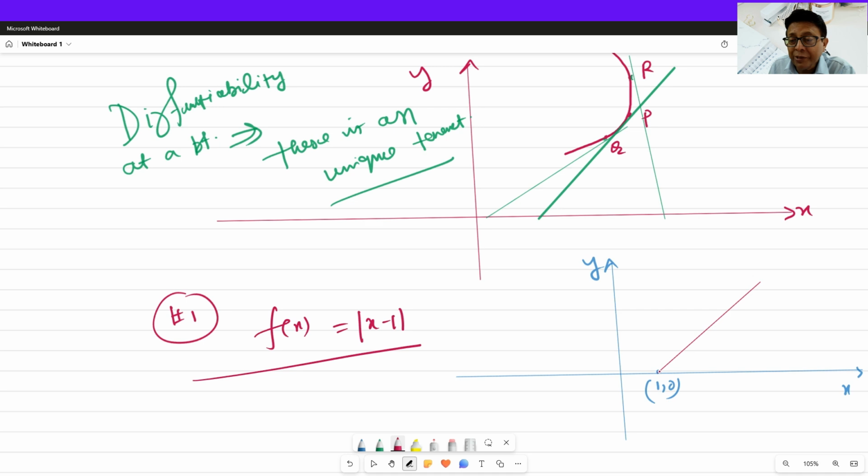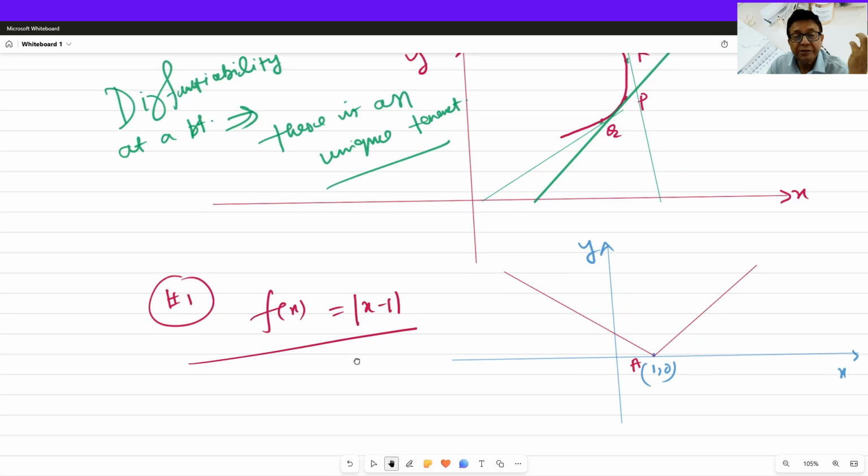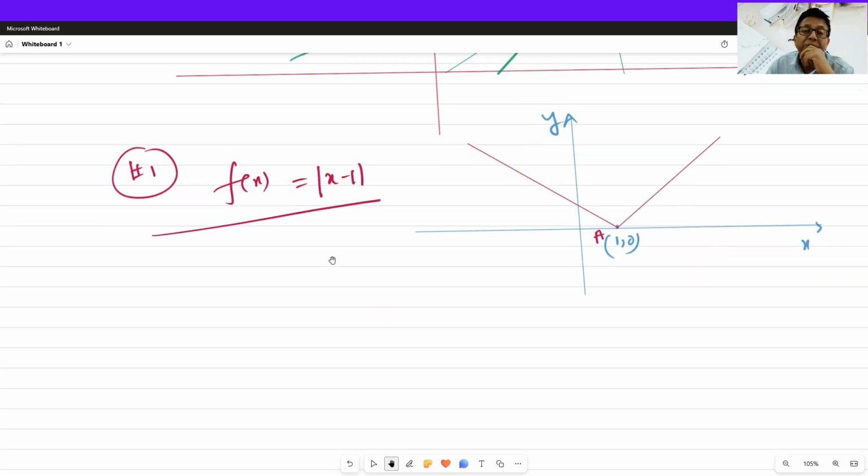From the graph only we can decide the function is not differentiable at (1, 0). At the point x equal to 1, the function is not differentiable because the tangent is not unique over there. So at a point where the tangent is not unique, it will not be differentiable over there.